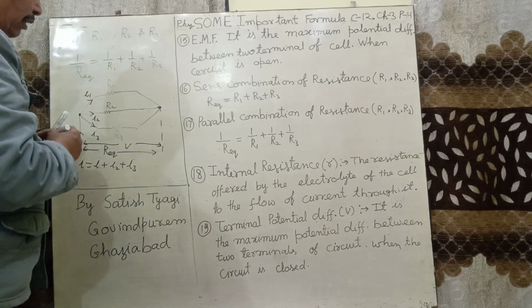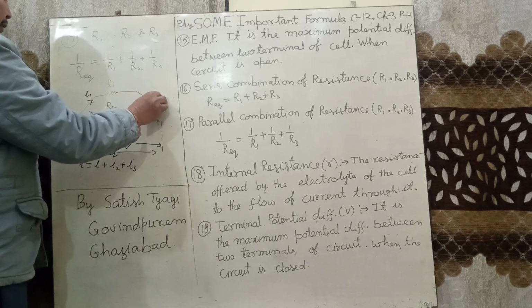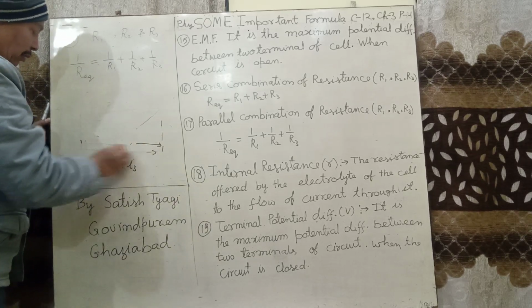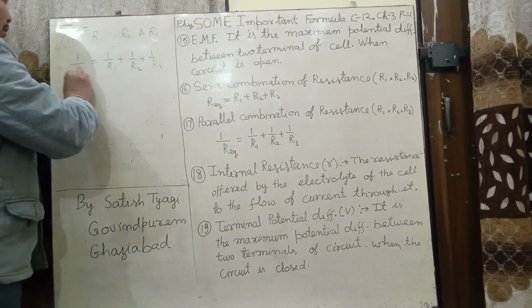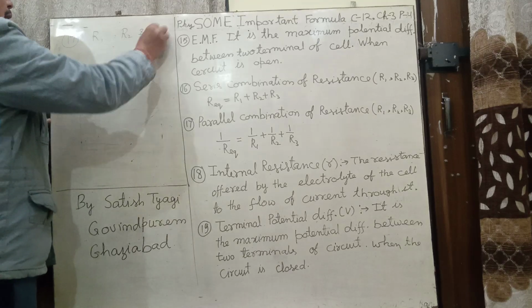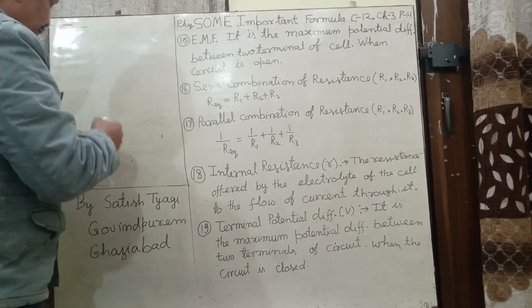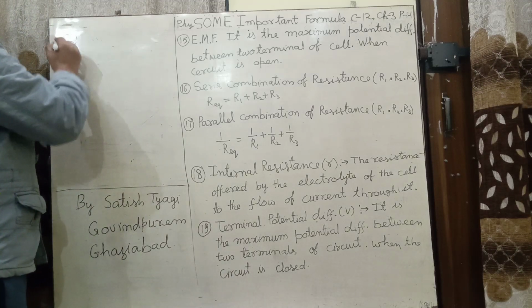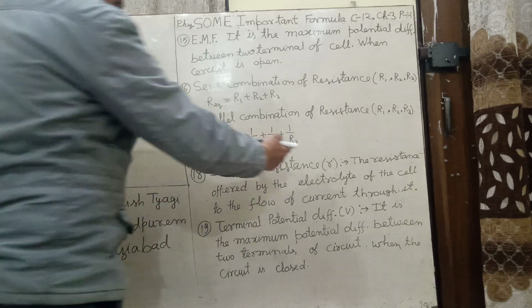Now I am telling you formula number 18, internal resistance, small r.